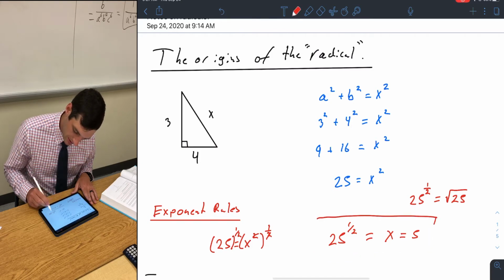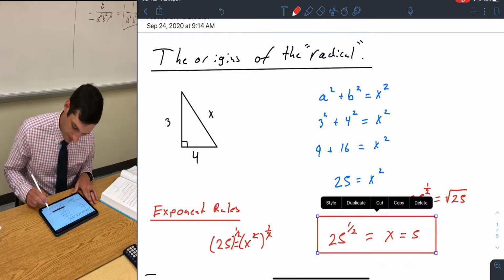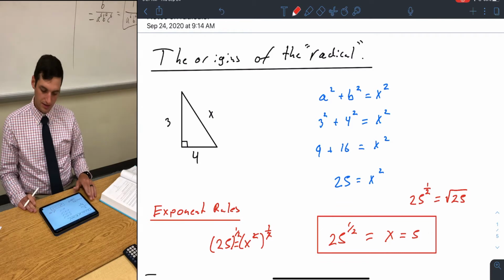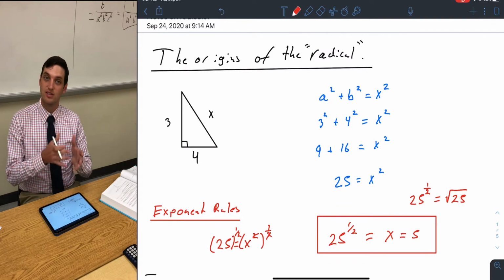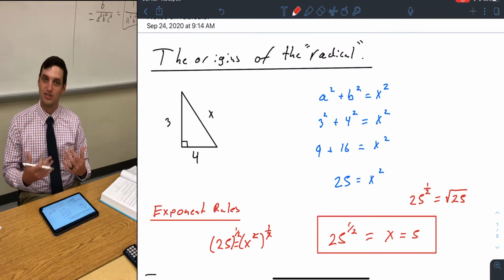Now that was a funky shape. There we go. All right, so that is the origins of the radical.